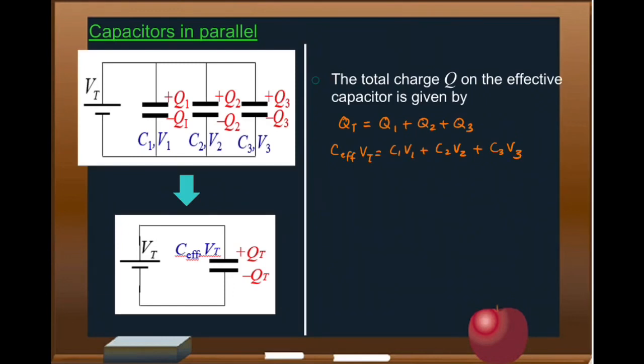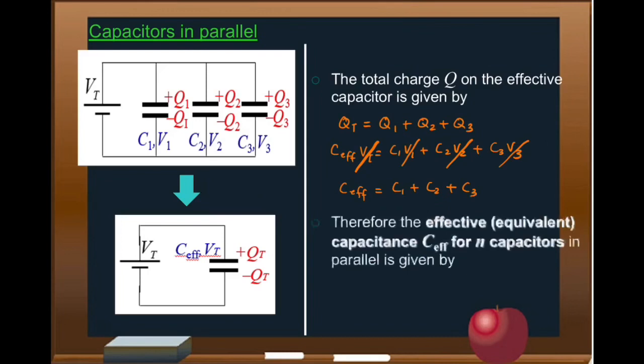And as we know, the potential difference across each capacitor is the same as the supply voltage. So we can actually cancel out Vt, V1, V2, V3. And finally, we will get the formula for C effective, which is C1 plus C2 plus C3.